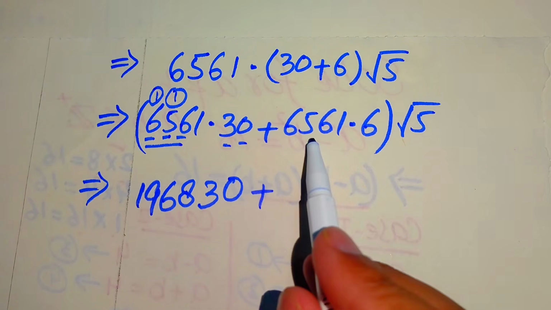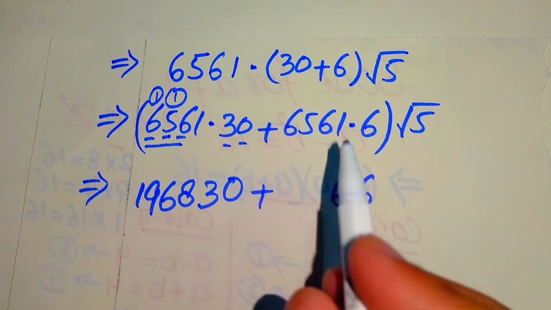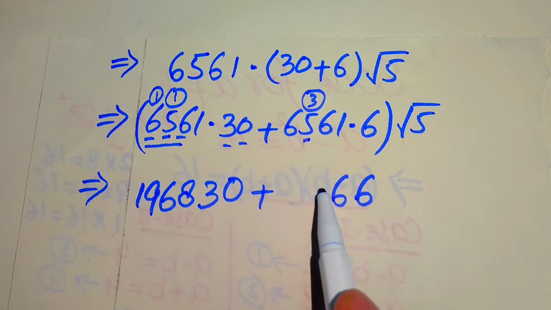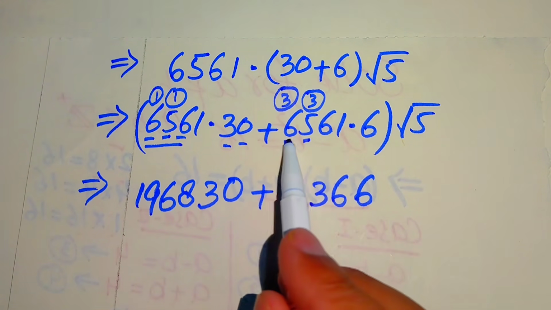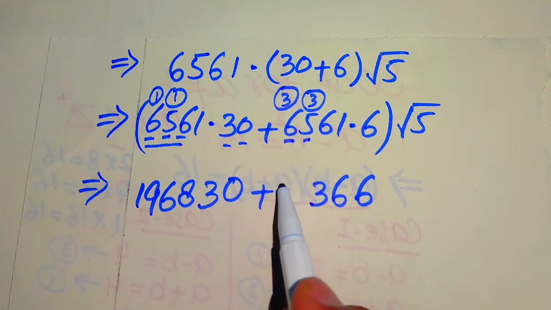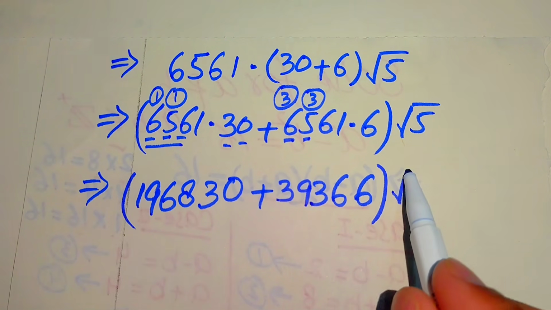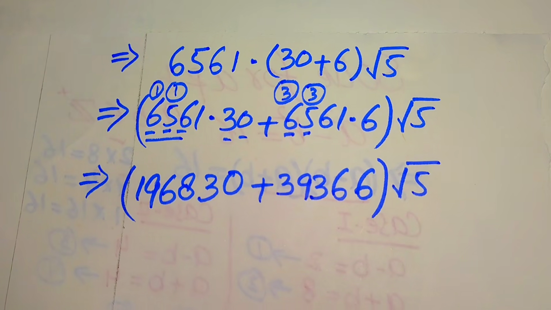Plus we multiply this value with this, and we get 6 ones are 6, 6 6s are 36, we write 6 and carry 3, 6 5s are 30, 30 plus 3 becomes 33, we write 3 and carry 3, 6 6s are 36, 36 plus 3 becomes 39, and the resulting answer is multiplied by the square root of 5.